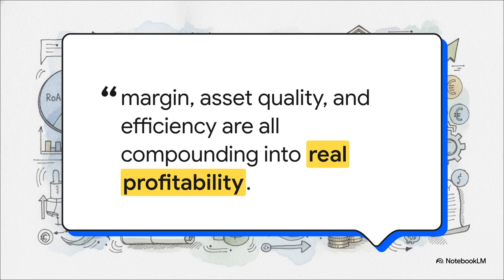If the bank has a great net interest margin, clean asset quality, and lean operating efficiency, it absolutely must mathematically show up right here as a high ROA and a genuinely strong ROE. If those previous metrics look amazing but the returns here are poor, something is leaking. So as you dive into your next banking analysis, ask yourself, are you being blinded by a highly leveraged return on equity, or have you actually verified the clean, undeniable truth of their return on assets?